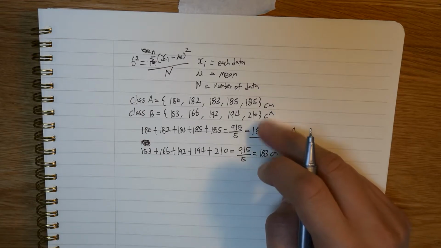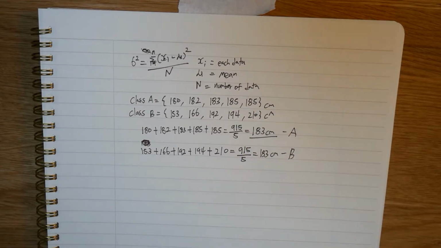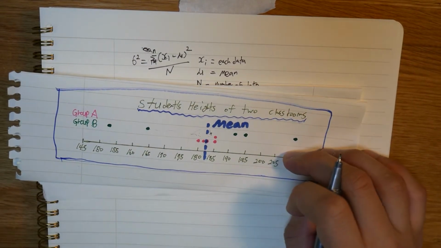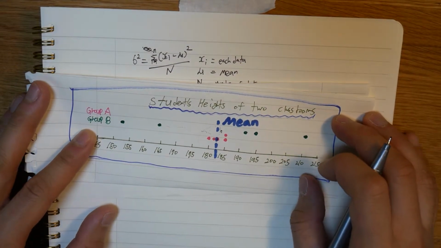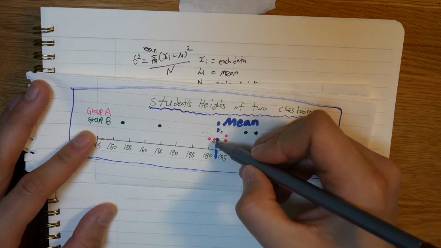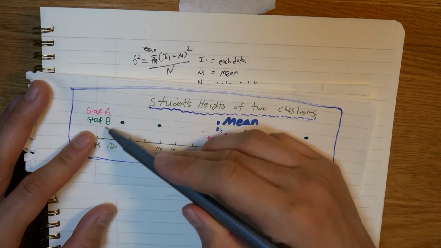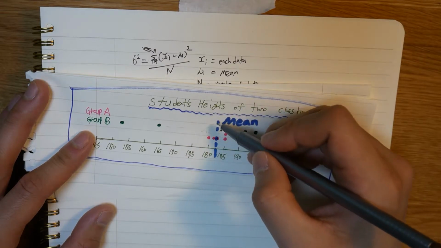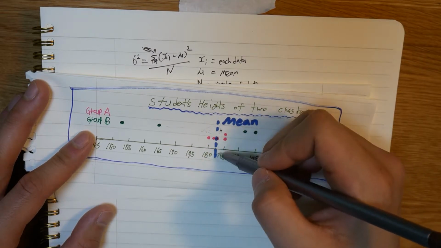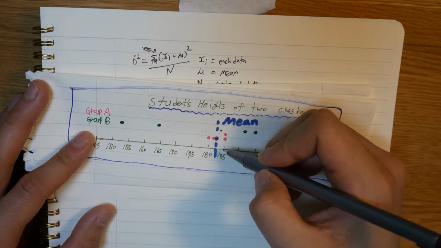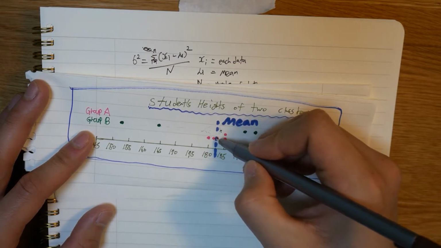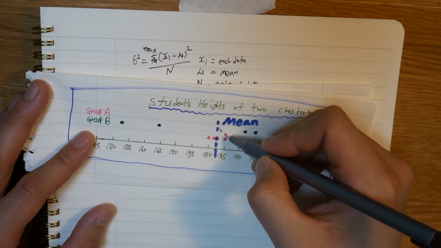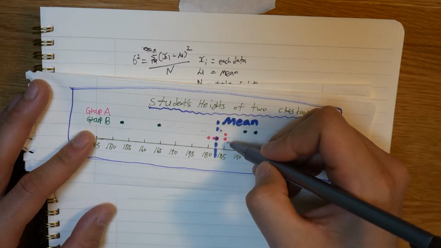So let's look at the scatter plot of class A and class B. Classroom A is in the pink dots, classroom B is in the green dots. Although both classes have the same average height, class A students' heights are clustered around the mean. Each data point in classroom A is very close to the mean.